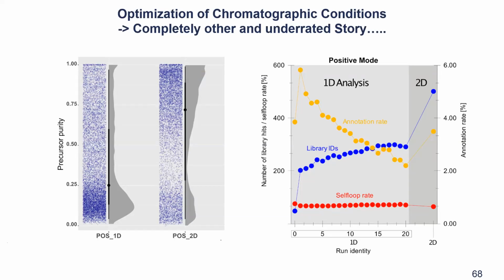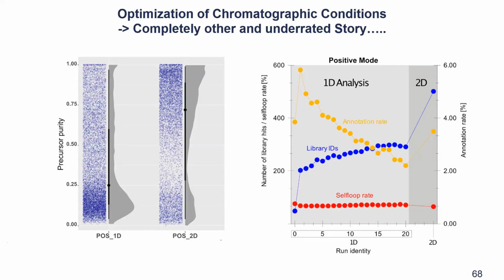There is a completely different story at the front end, the HPLC system, which many of us only consider a sample injection system, but having proper chromatography is of course utterly important. If you have a nice chromatogram with sharp peaks, where you squeeze the ions into smaller packages, this tremendously increases your signal-to-noise ratio. So making sure to have a good HPLC, perhaps a new HPLC if you have old pumps, makes things better.